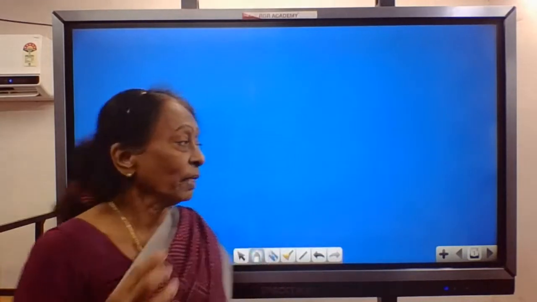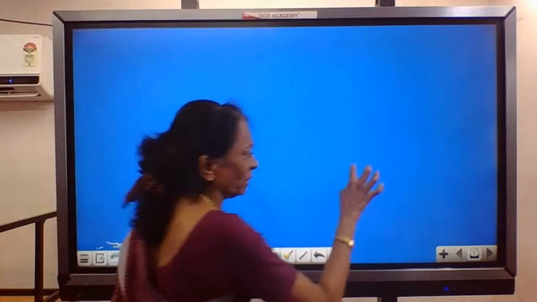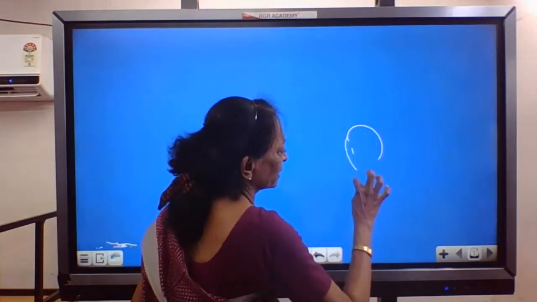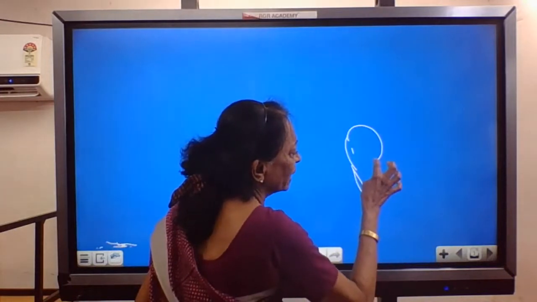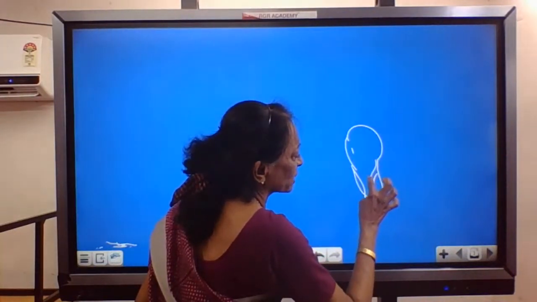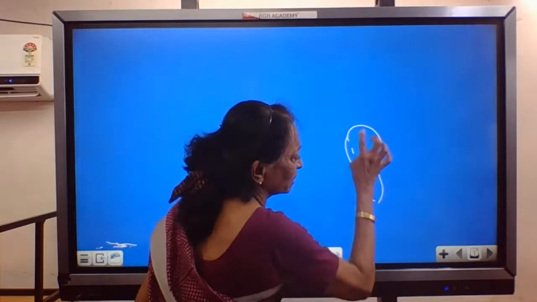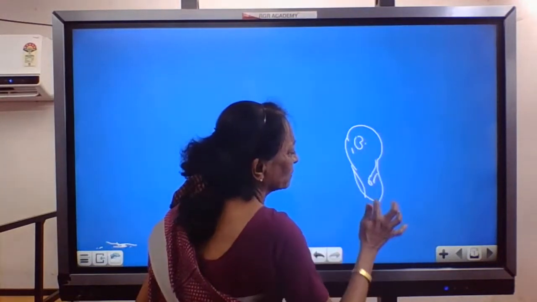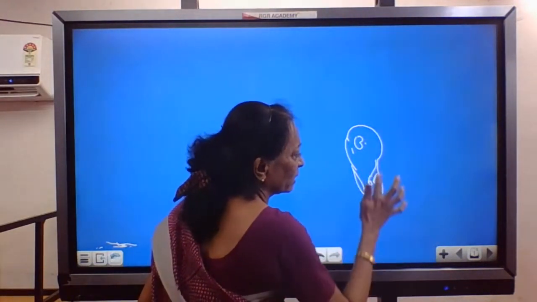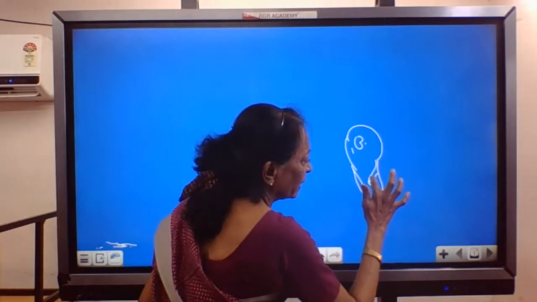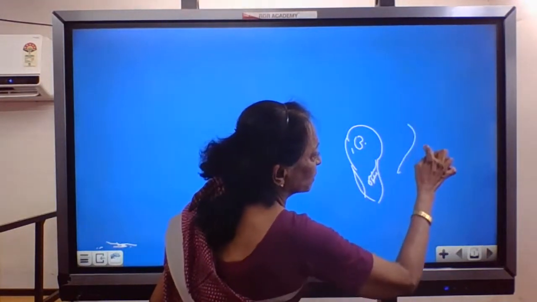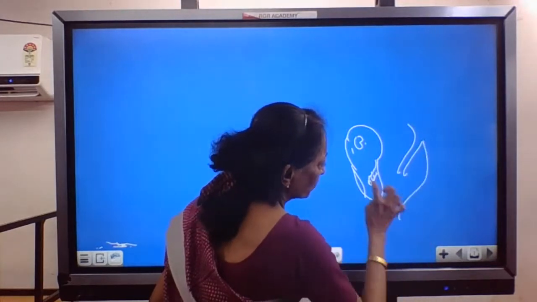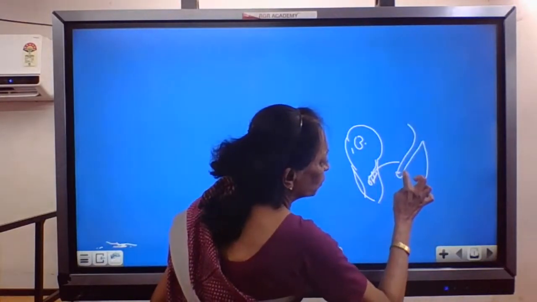The paramecium structure is like the sole of a slipper, called slipper animalcule. At the side you have a groove; this is called the cytopharynx, and the end of it is the mouth. It has two nuclei and the cytoplasm, etc. Now we are only bothered about this area.